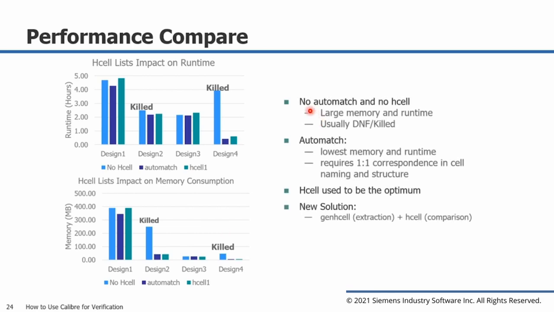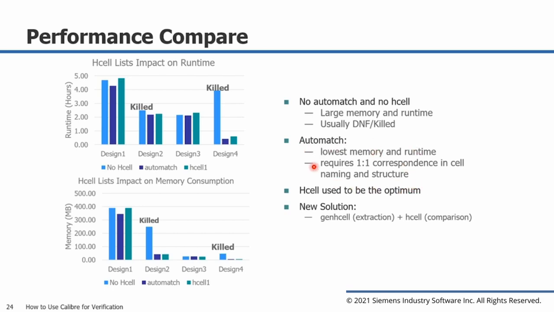So you can see here, if no auto match and no hash cell, you can see a large memory and runtime. Usually, it will be killed or did not finish. Auto match will use the lowest memory and runtime. It requires one-to-one corresponding cell and naming and structure.